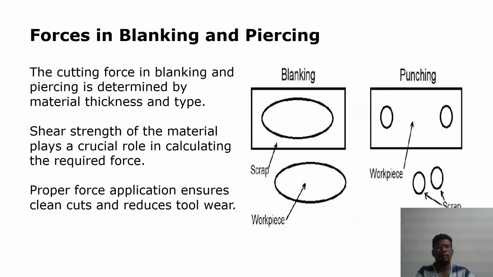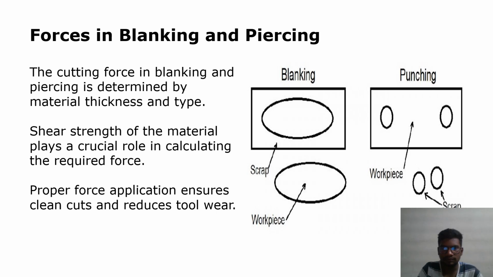Force in blanking and piercing. The cutting force in blanking and piercing is determined by material thickness and type. Shear strength of the material plays a crucial role in calculating the required force.